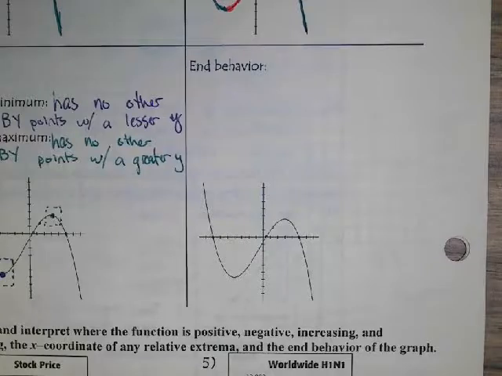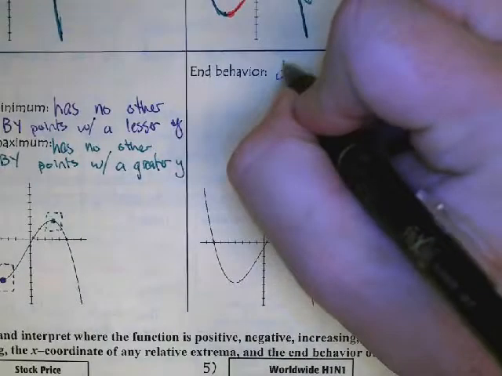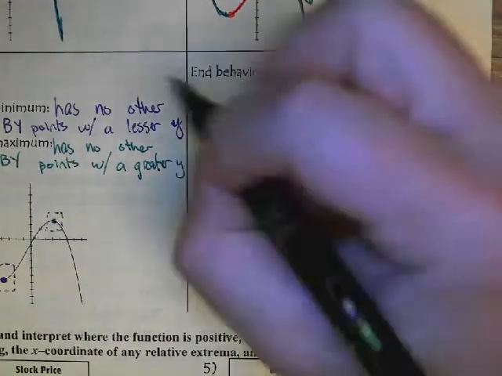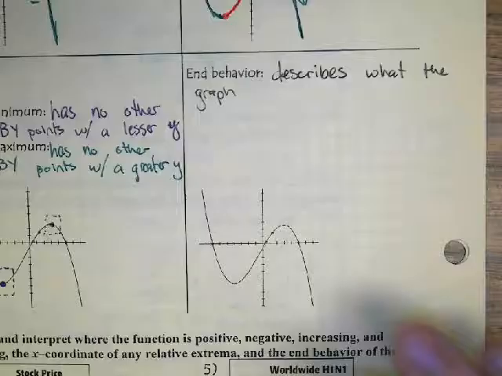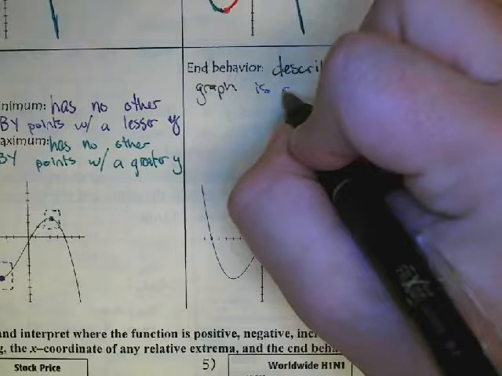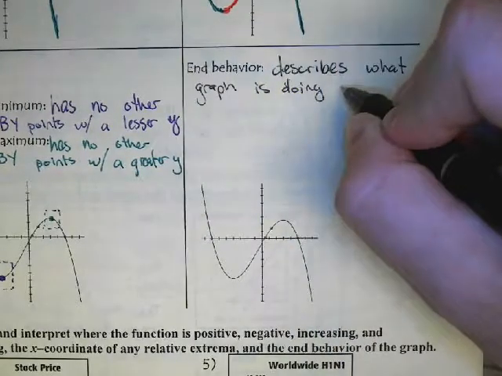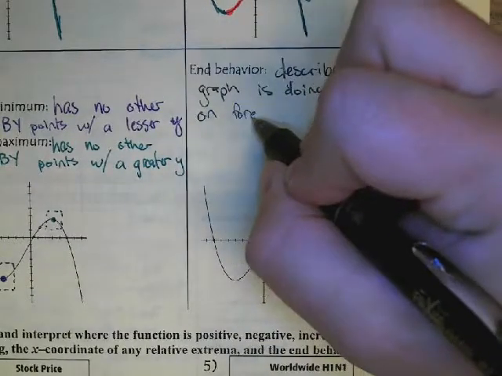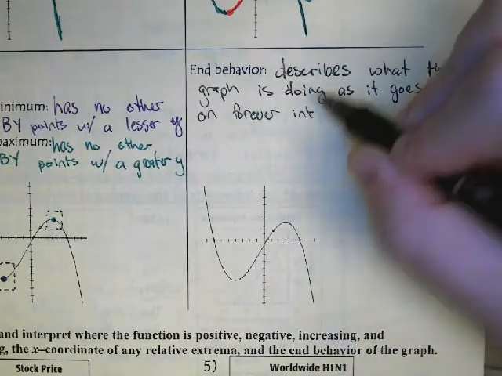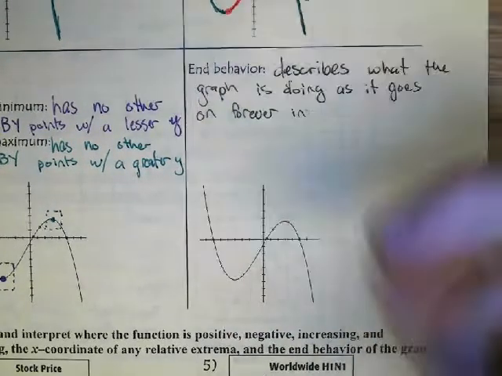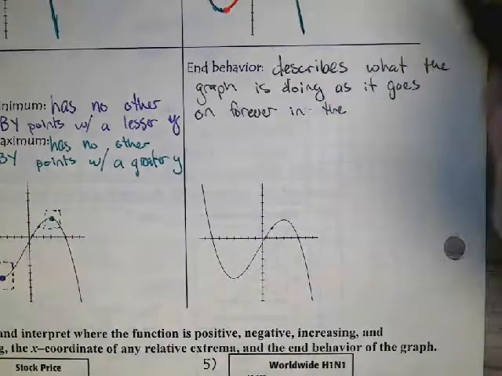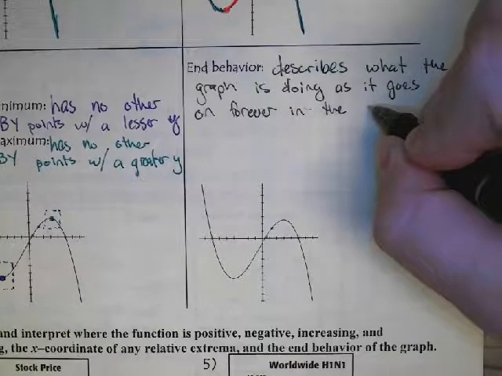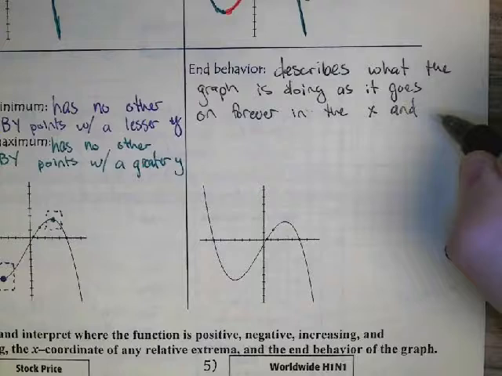So end behavior describes what the graph is doing as it goes on forever in the x and y direction.